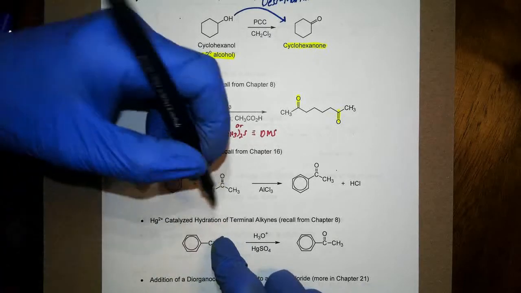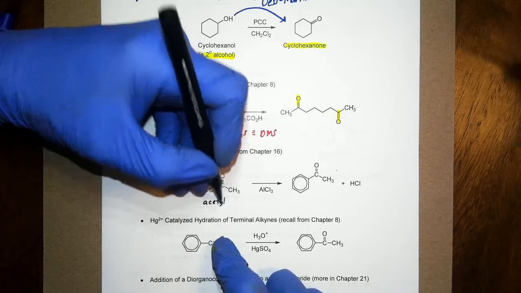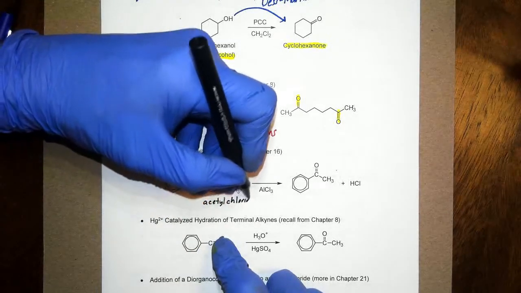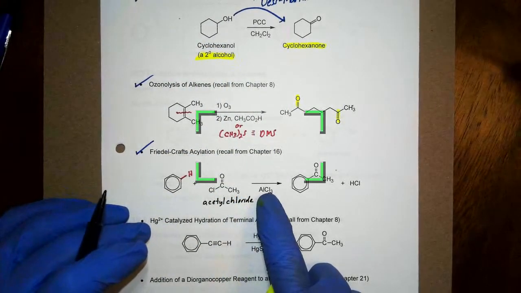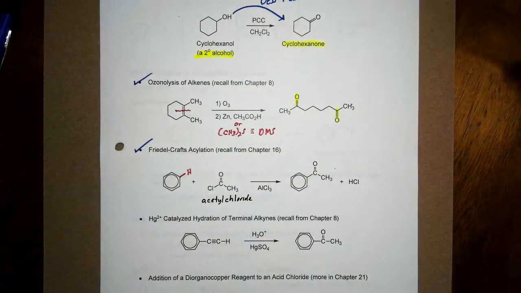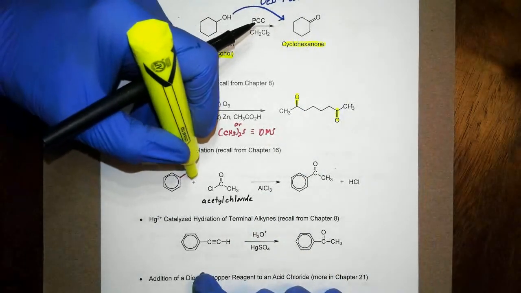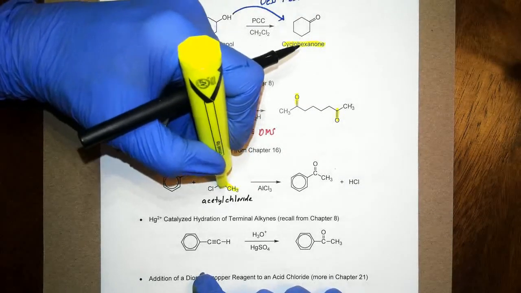So this would be acetyl chloride, which is an example of an acid chloride. And of course we have our catalytic aluminum trichloride here. And you end up doing an electrophilic aromatic substitution. So we replace that hydrogen with this entire acetyl group.